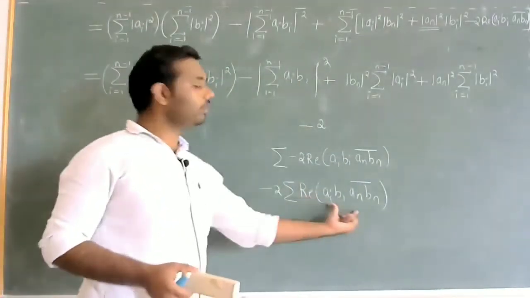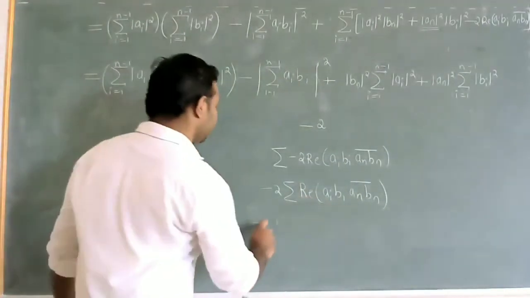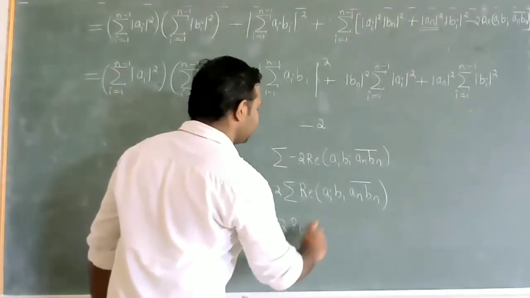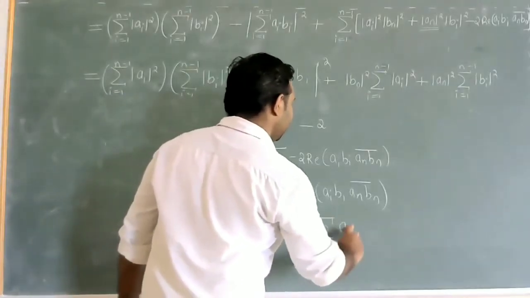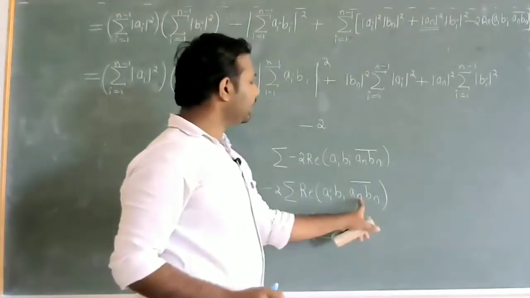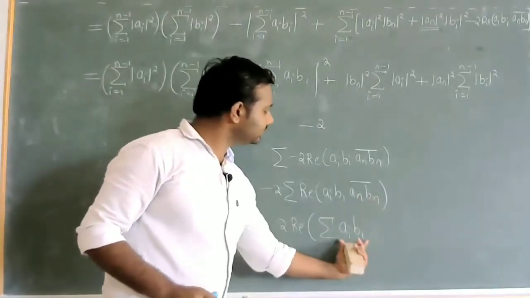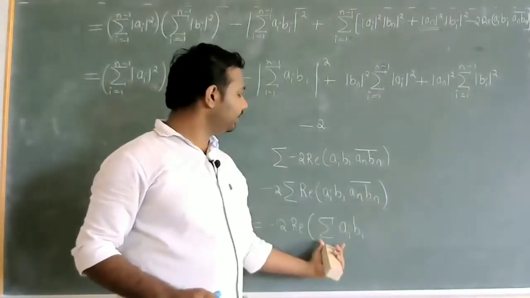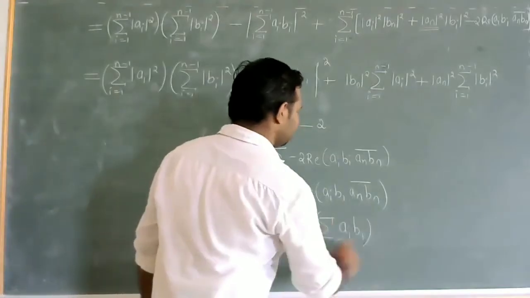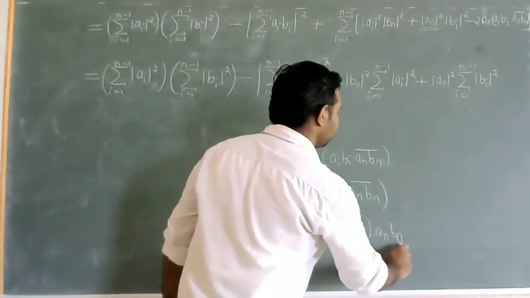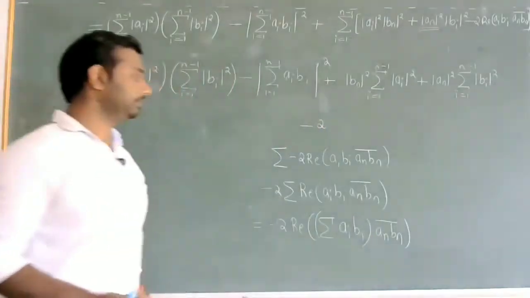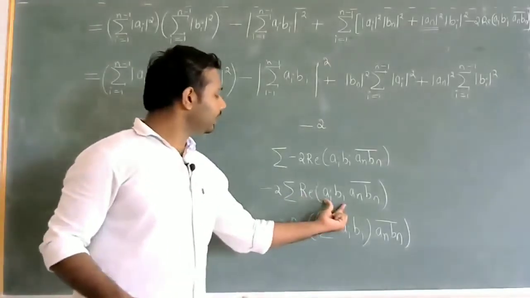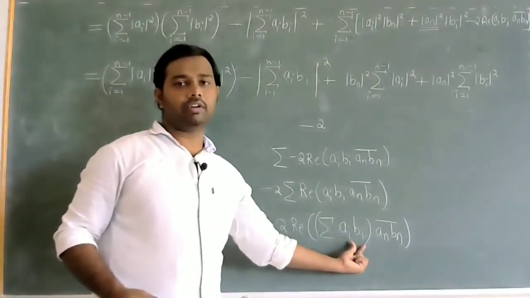So we have the sum of the real parts, so it will be equal to the real part of the sum ai bi. So you can write an bn bar inside the sum, or as it is independent of the summation, you can write it outside the summation. So sum of the real parts is real part of the sum.